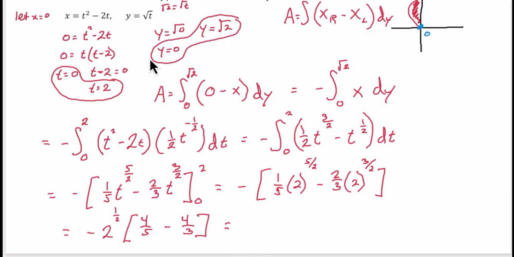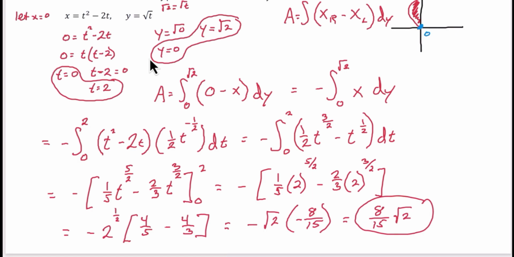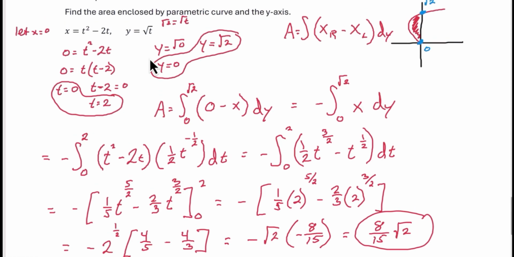And then simplifying that, we have negative root 2 times negative 8/15, which is positive 8/15 times the square root of 2. And as a reminder, that value is the area between the curve and the y-axis.